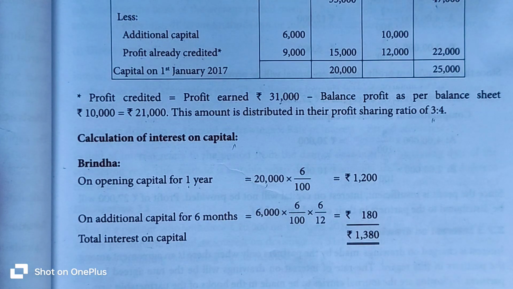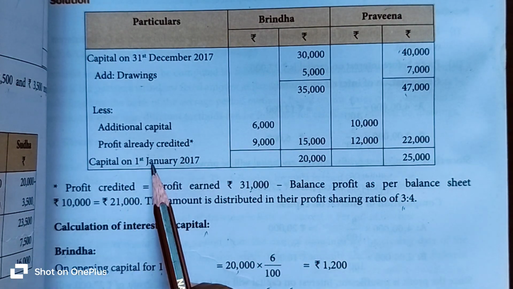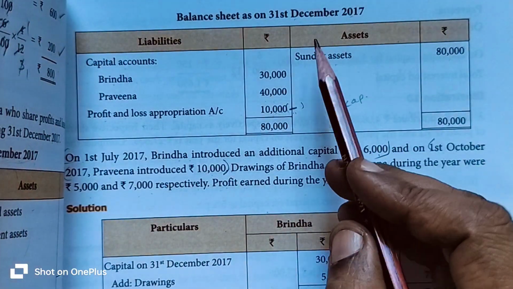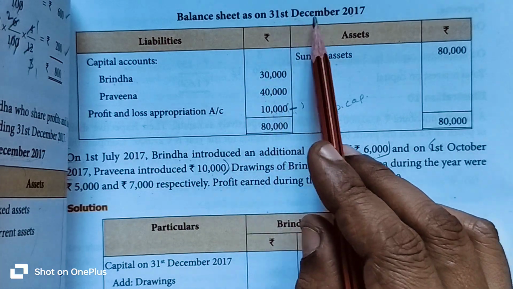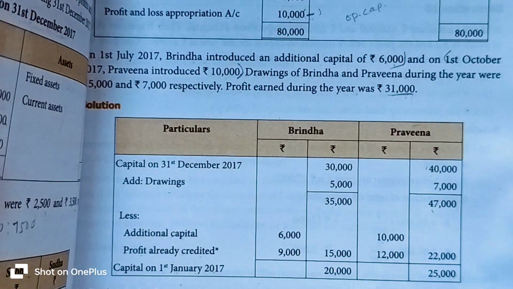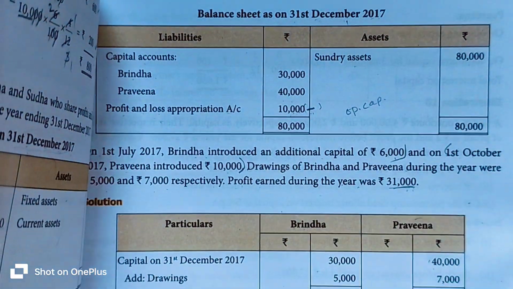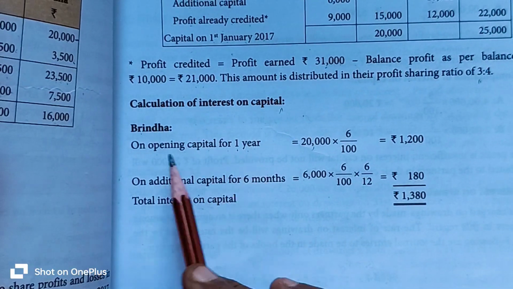The opening capital date is given here, that is 1st January 2017. At the end of every year they prepare the balance sheet, that is 31st December 2017. So 1st January 2017 to 31st December 2017 is exactly 1 year. So you are going to calculate the interest on capital for 1 year for opening capital.